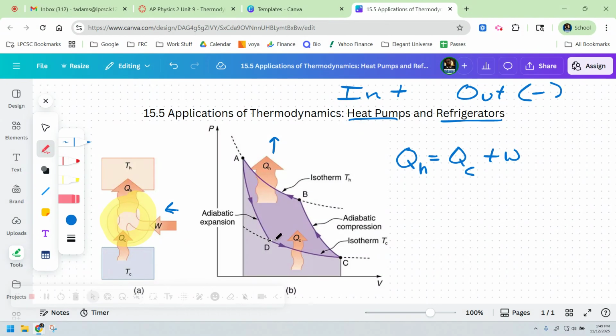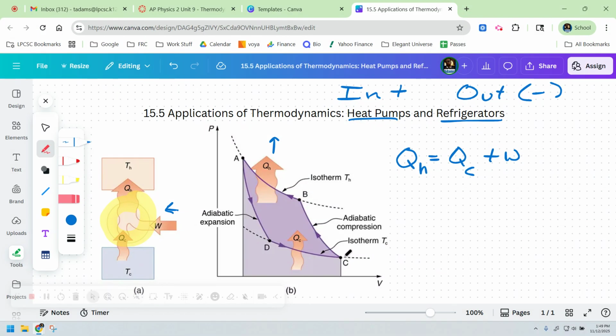And then as that heat continues to leave, the colder temperature can come in. And so then the pressure lessens a little bit, but the volume also lessens too.